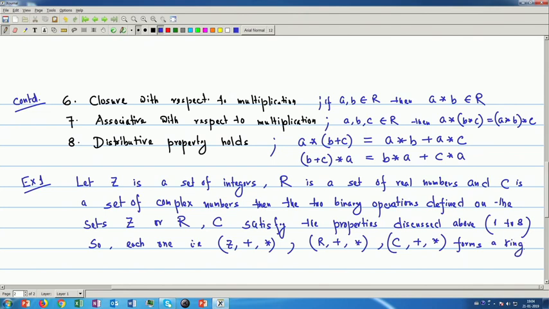And obviously, when we are considering the complex numbers, the multiplication is the multiplication of two complex numbers, and addition is the addition of two complex numbers.